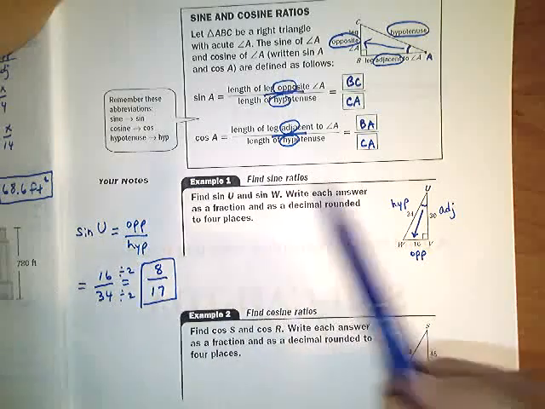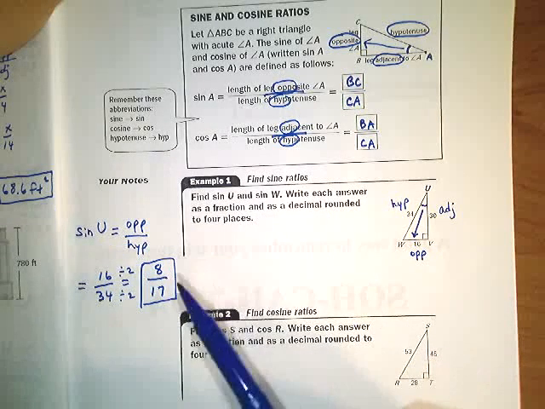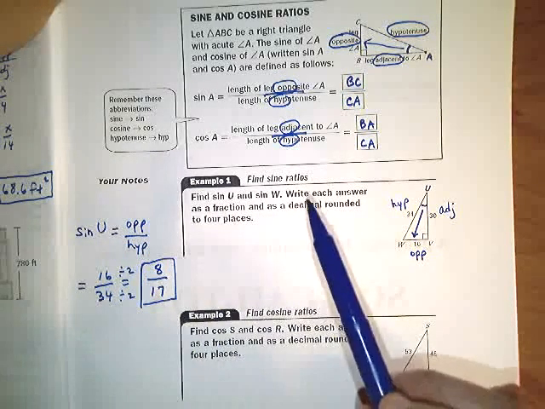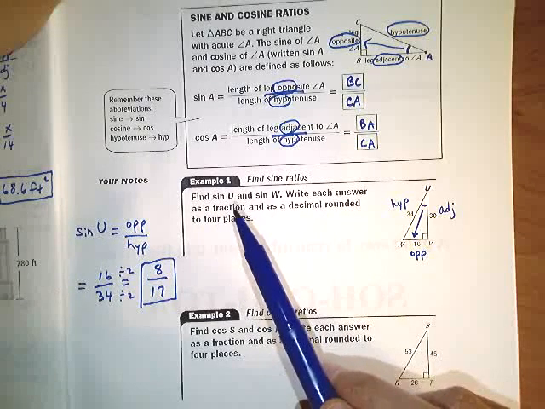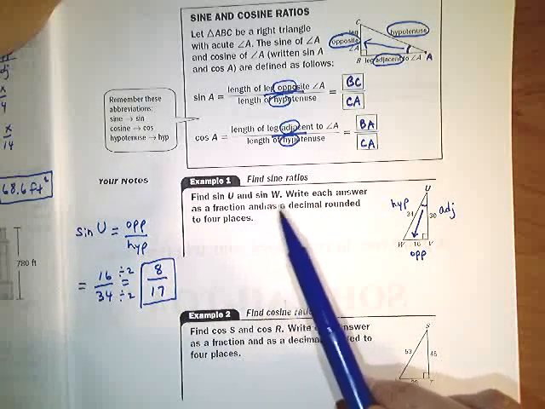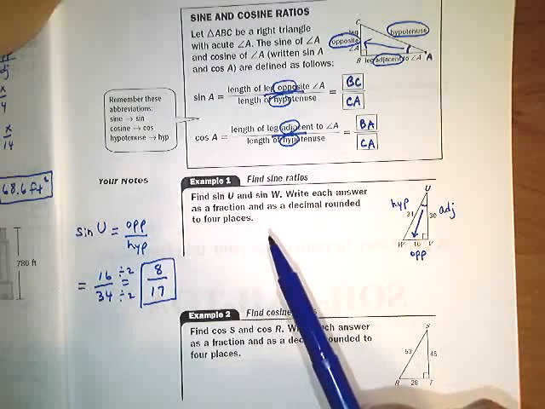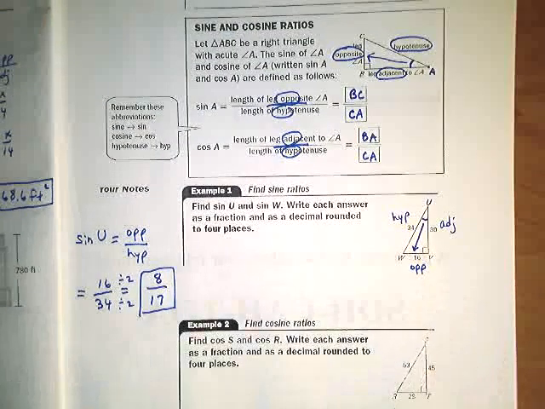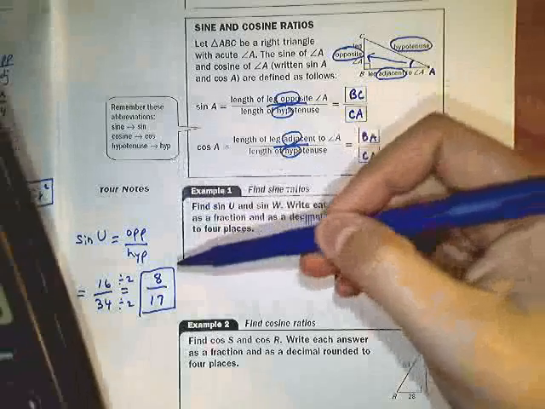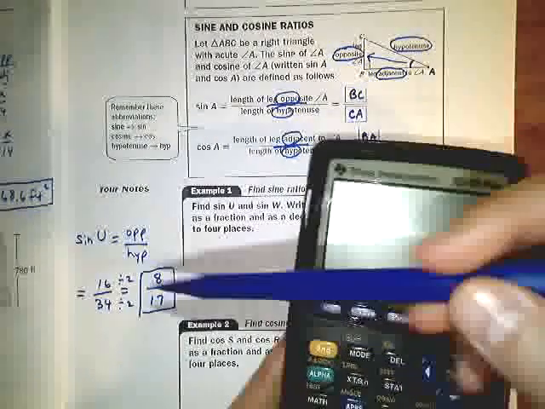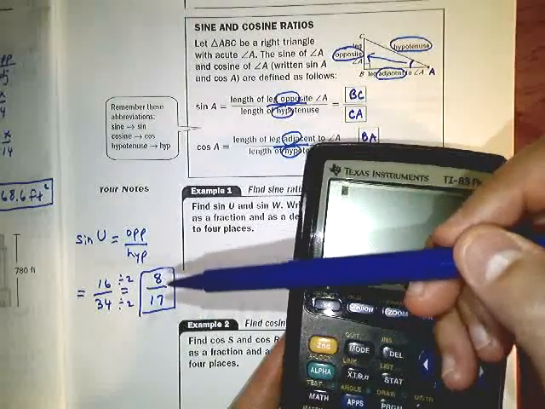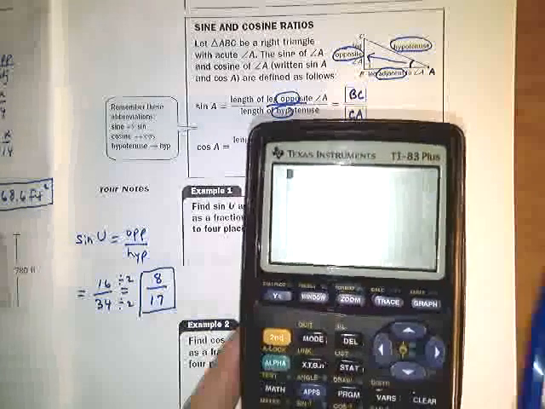This question is a little unusual because they actually want us to write the answer in two different ways. They say write each answer as a fraction, which we did, and as a decimal rounded to 4 places. So you would take your answer, 8/17, and in your calculator type in 8 divided by 17.